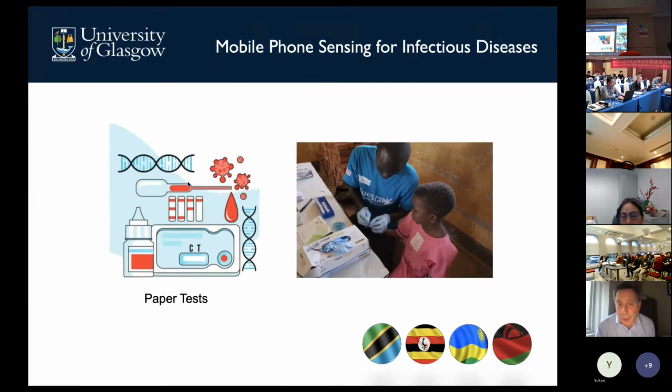But what we want to do is to not do immunodiagnostics on our paper strip, but to do DNA diagnostics, and indeed, as I'll show in a moment, RNA diagnostics as well.